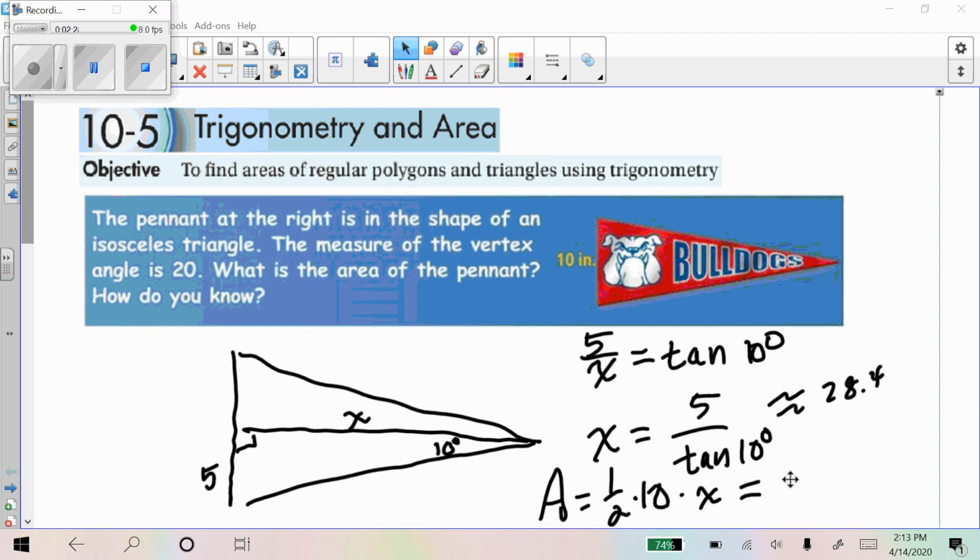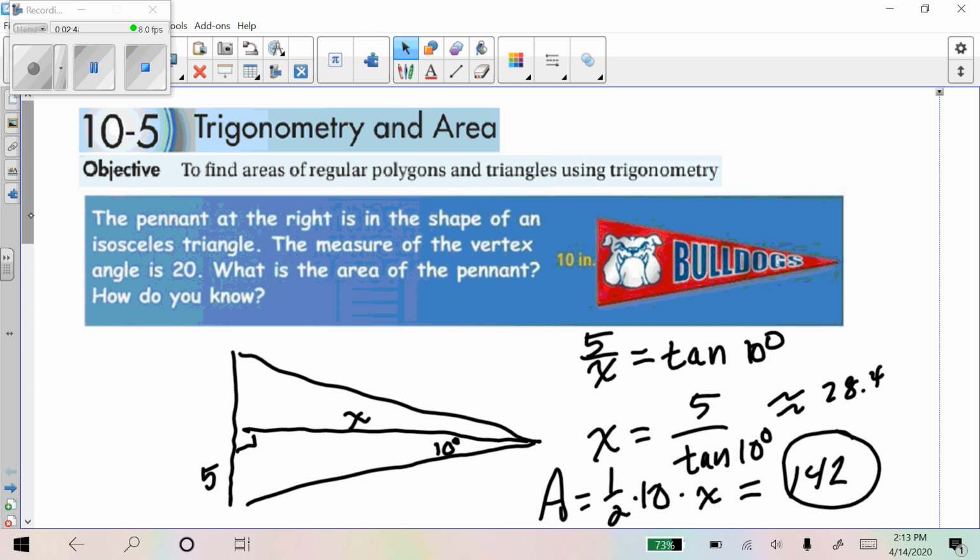And if you were able to do all that correctly, and let's say now I'm okay with rounding it to the nearest whole inch, I would get 140 square inches is the size of the banner.